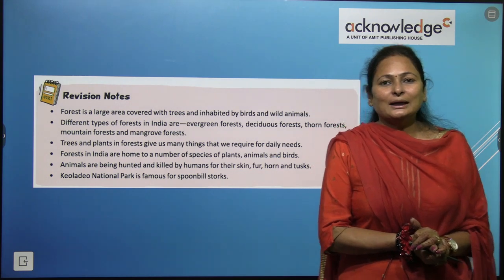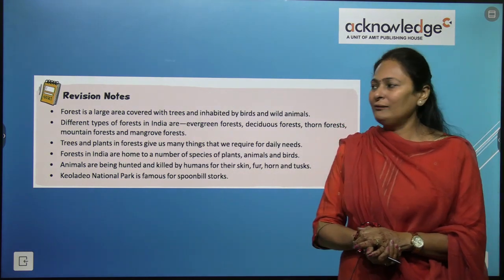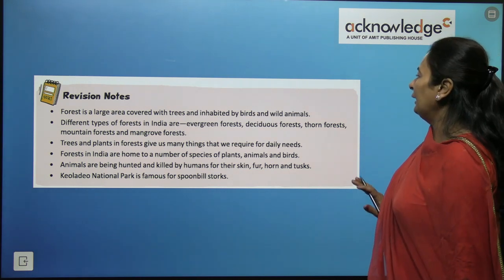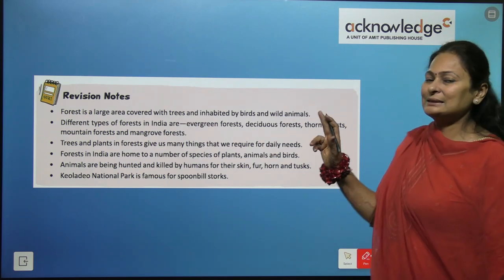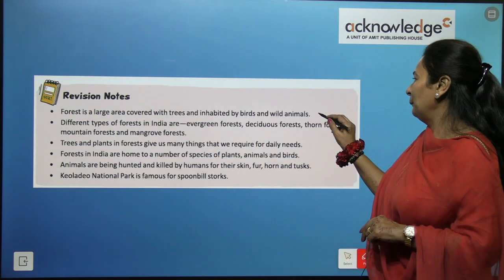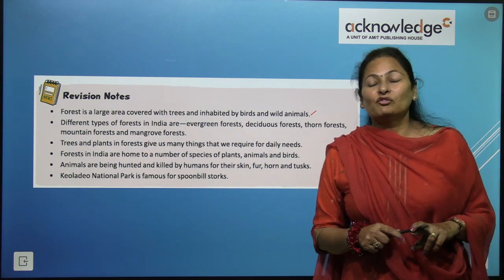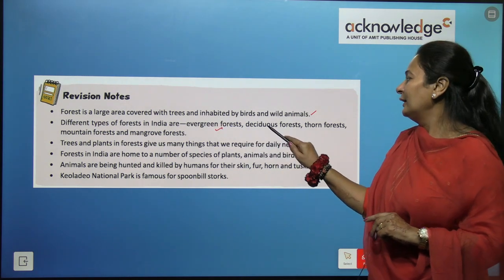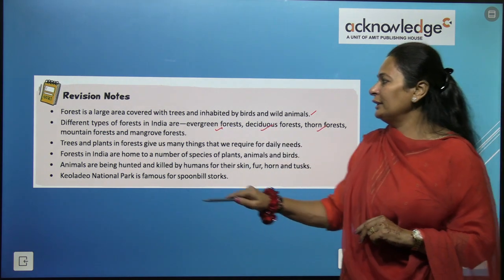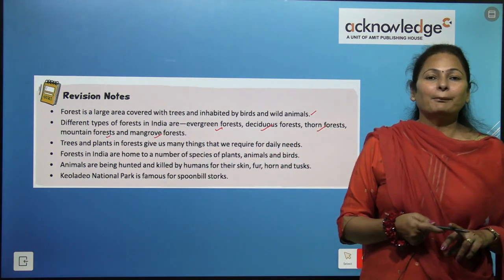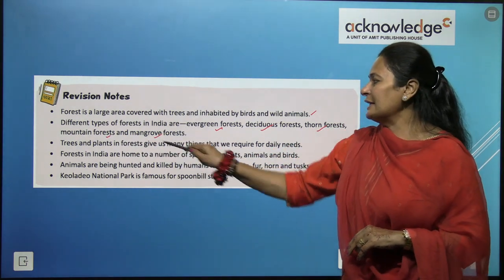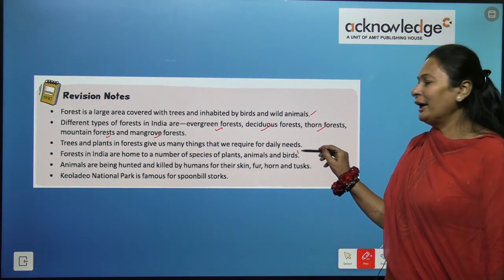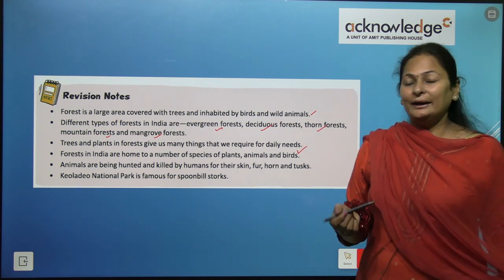So that's all for this chapter, kids. Time to revise what we have learned. A forest is a large area covered with trees and inhabited by birds and wild animals. This is called a forest. Different types of forest in India are evergreen forest, deciduous forest, thorn forest, mountain forest and mangrove forest. Trees and plants in the forest give us many things that we require for our daily needs.